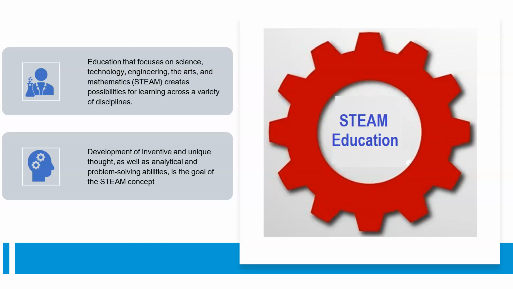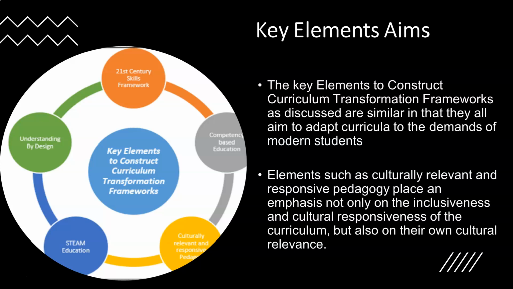Study well the figure showing the key elements to construct curriculum transformation frameworks. The above discussed elements are similar in that they all strive to adapt curricula to the demands of modern students, but they have different strategies and tactics for achieving the individual goals. Elements such as understanding by design and competency-based education are two examples of elements that place a significant emphasis on the meticulous design and coordination of curricular goals and evaluation procedures.